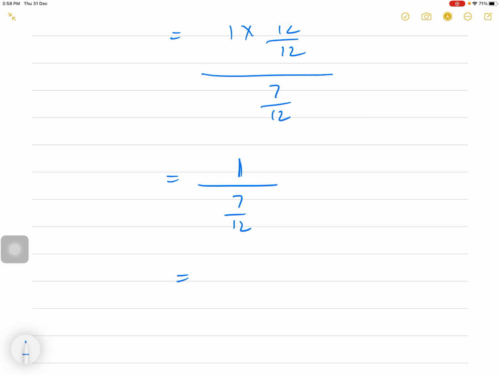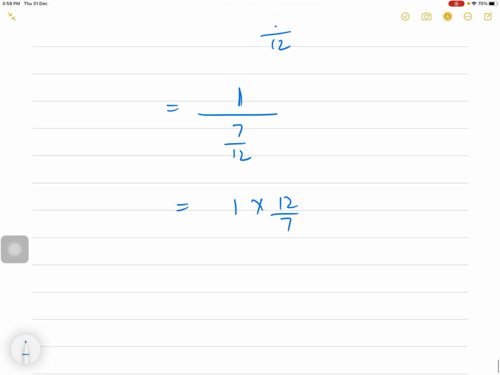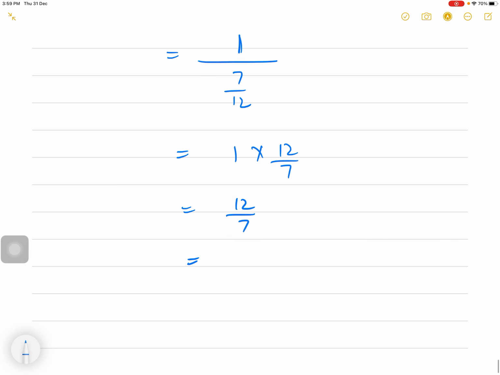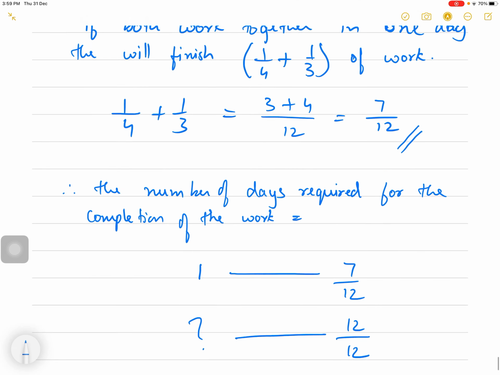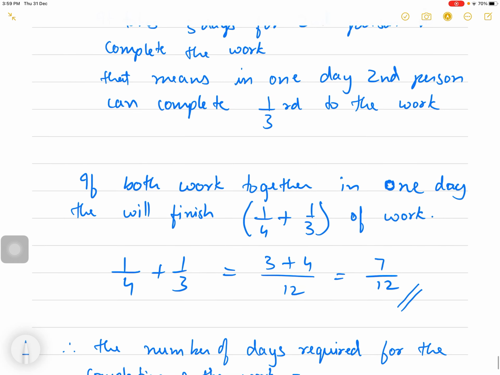So that means 1 divided by 7 by 12 can be written as 1 multiplied by 12 by 7. So 12 by 7, we have calculated, it comes to 1.71 days. So answer is 1.71 days. It will take 1.71 days if both work together.